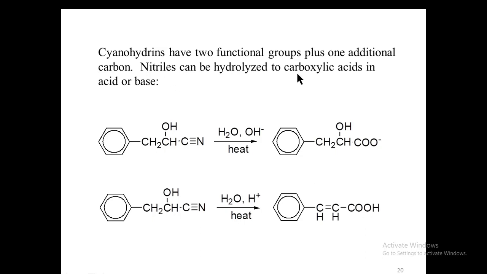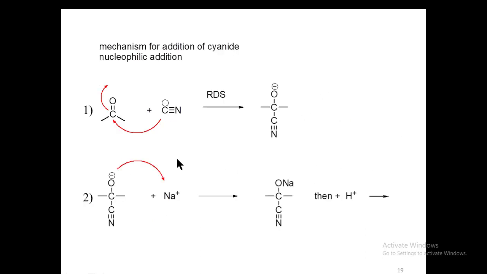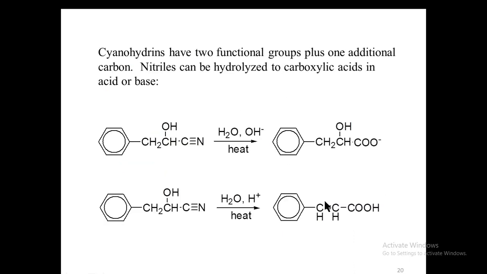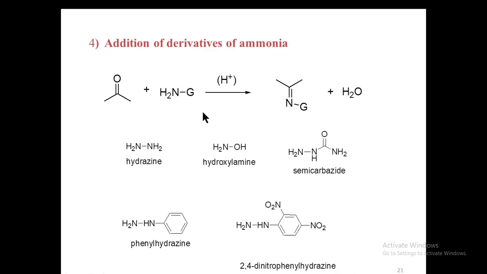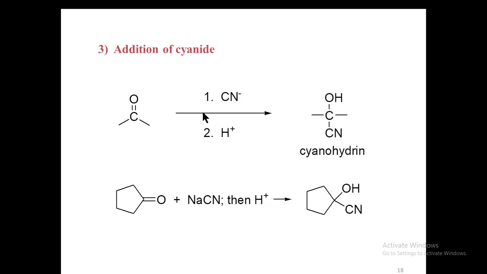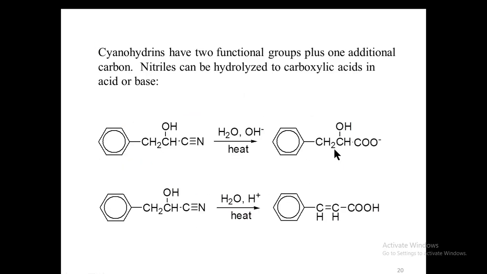Nitriles can be hydrolyzed to carboxylic acid in acid or basic condition. Looking at the mechanism, this is the cyano group which will be introduced here. But you have to keep one thing in mind: addition of cyanide to a carbonyl group gives us cyanohydrin, and that cyanohydrin itself gives us carboxylic acid.